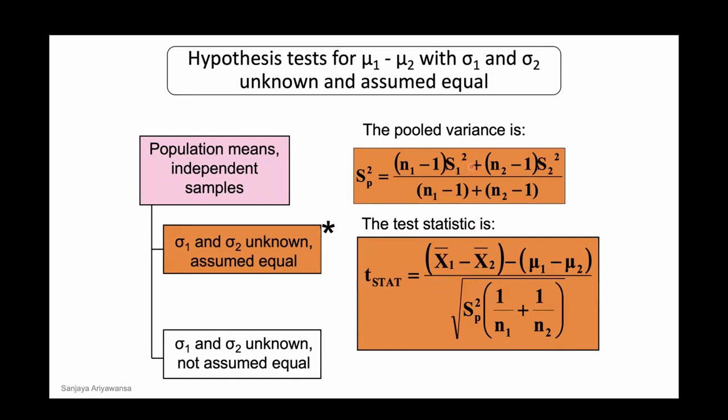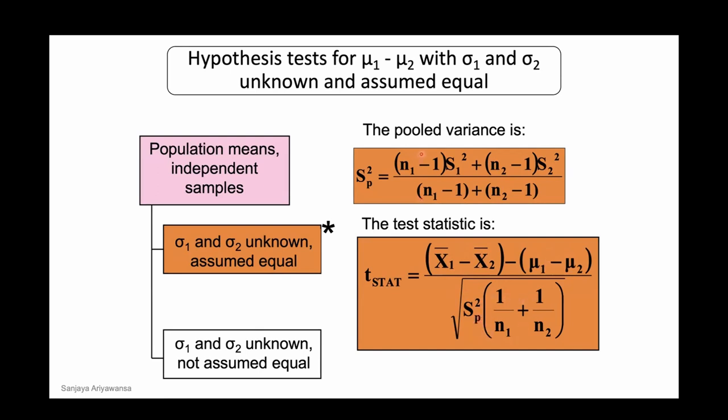So if you're talking about a hypothesis test for two samples and you're considering the population mean, and if you go through the problem, you understand, look, your population standard deviations are not known and it is assumed to be equal. This is the test statistic that you should look at. You have the difference between your sample means minus the difference between your population means, divided by this particular equation.